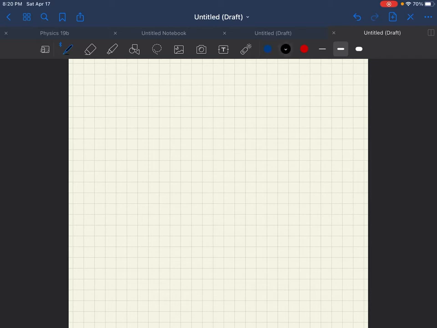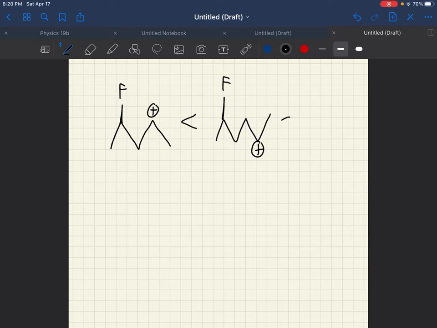So if we have a structure that looks like this, compared to a structure that looks like this, which is actually less stable than a structure that looks like this.